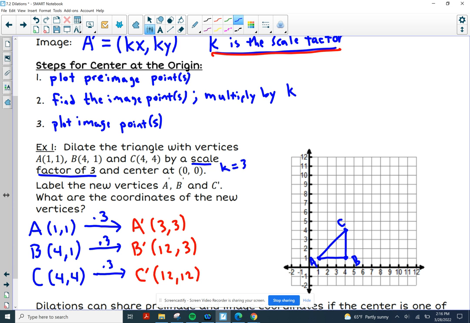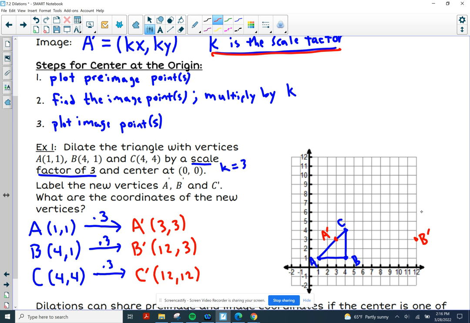And I'm going to dilate that. We've already got the coordinates of the image points, so we're going to just plot those. A prime is going to be (3, 3). So there's A prime. B prime is going to be (12, 3). So we go out to 12 and up to 3. There's our B prime. Notice A prime B prime is going to be horizontal, just like AB was.